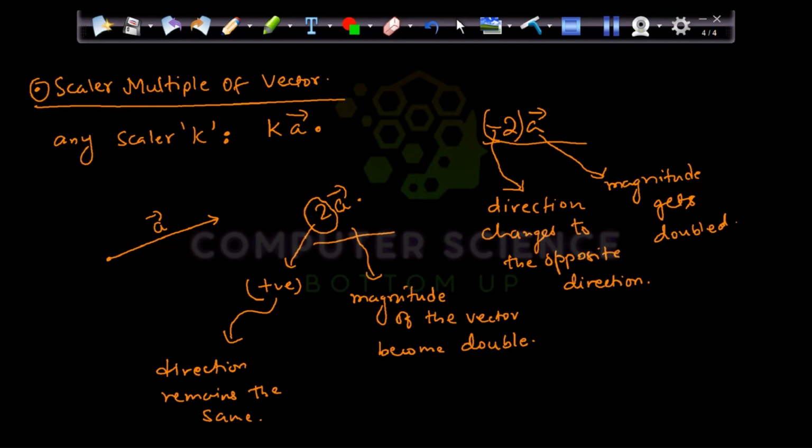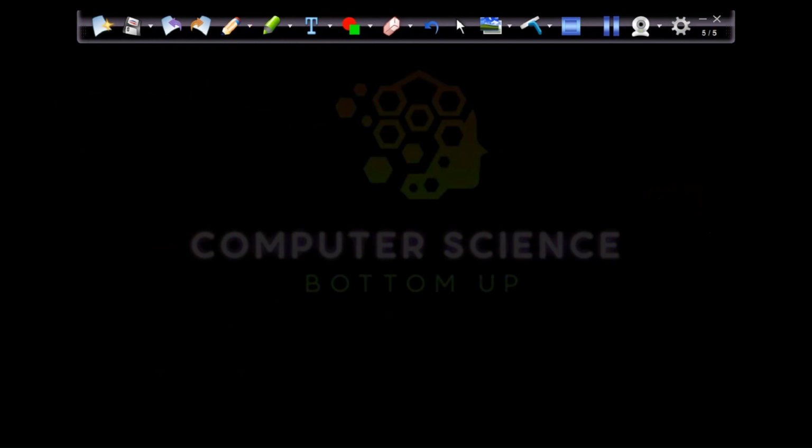Let me take a new page. For any scalar k, what would be the magnitude of k times a vector?